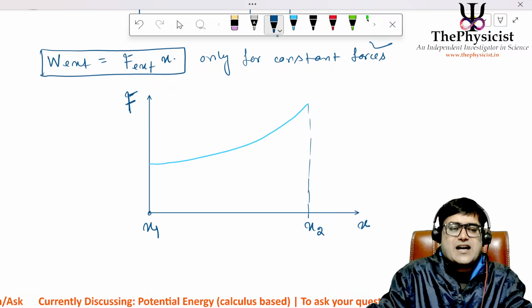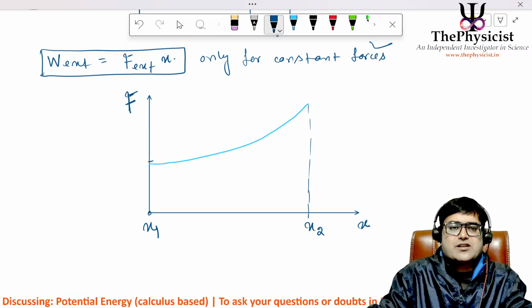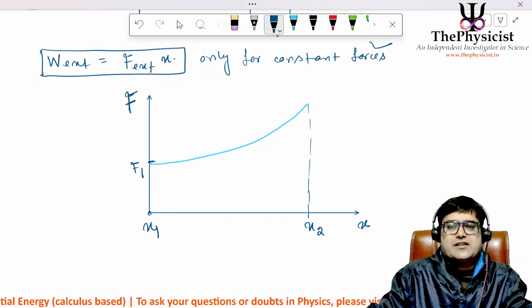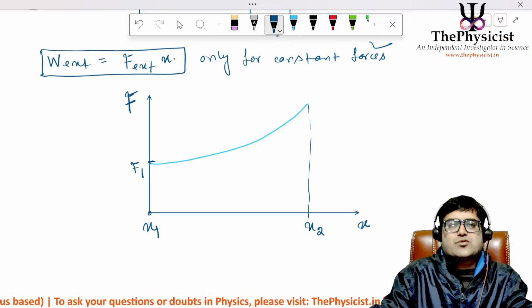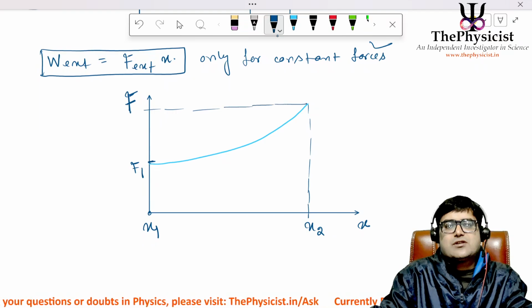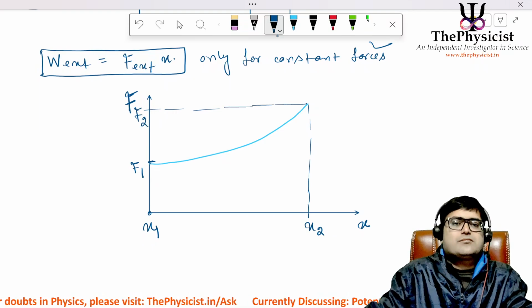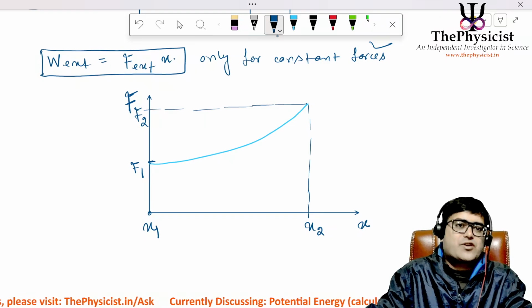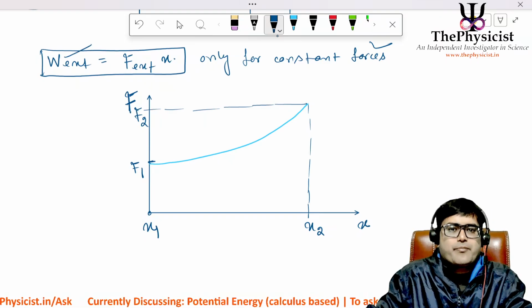The displacement starts at x1 when the force was F1 and ends at x2 where the force is F2. How would you know? The force varies. You can't use this formula anymore.